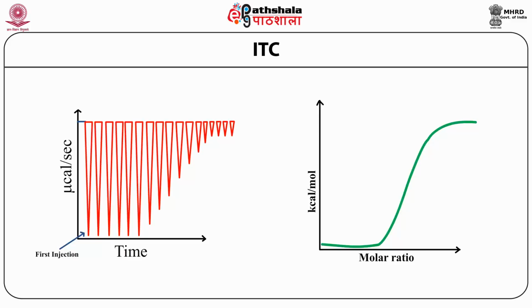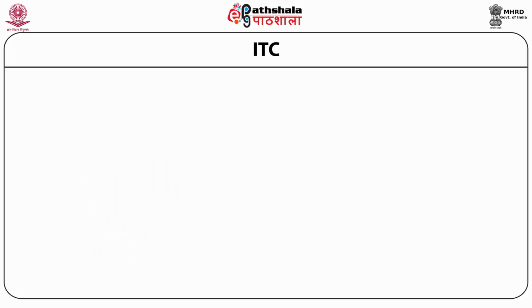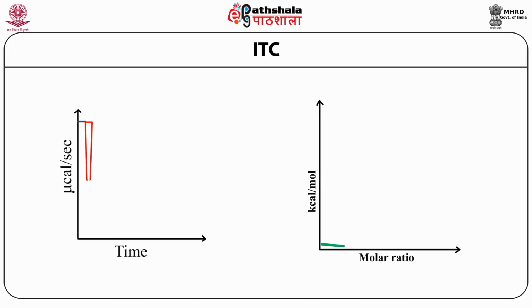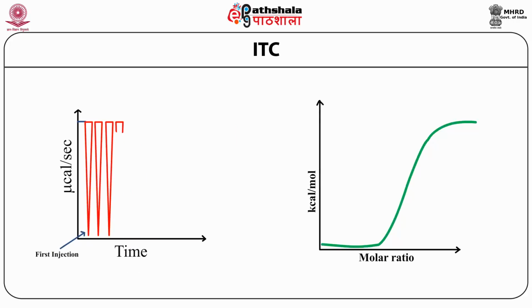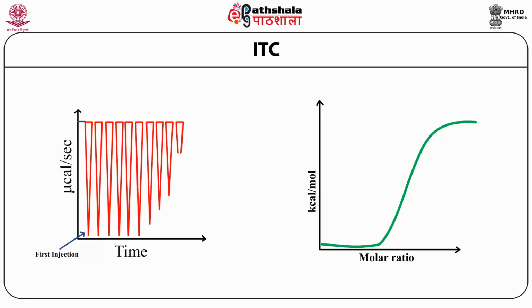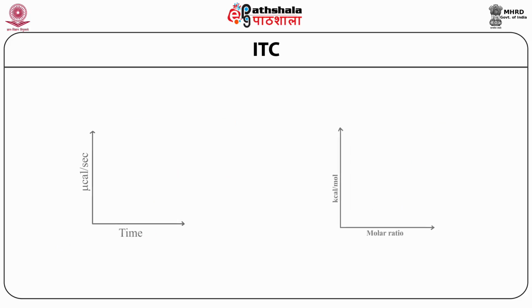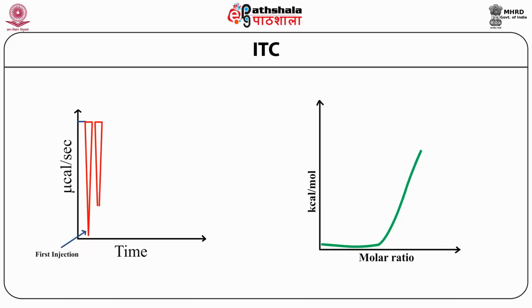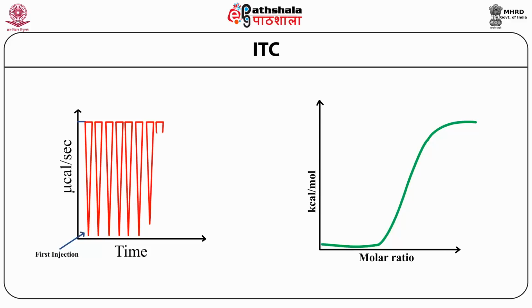You can see in the picture the first injection. During the first injection, the heat absorbed or released is plotted. Then again there is an injection, and you see how much heat is absorbed or released during a particular injection. That is converted to a kilocalorie per mole versus molar ratio curve, and the typical curve is given on the right hand side.